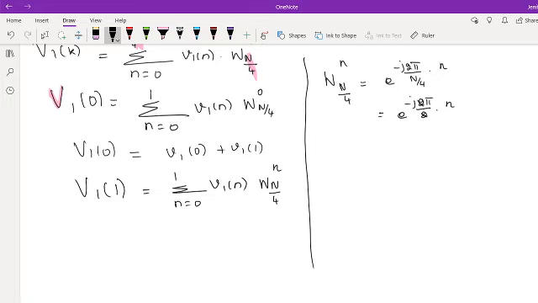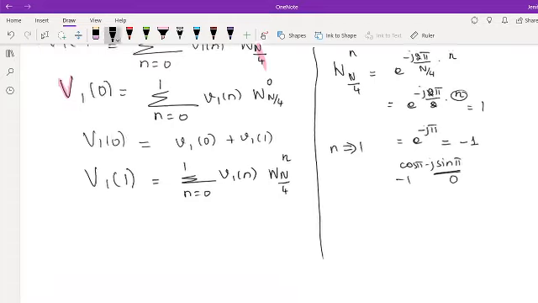So when you are applying the limits, there are two possibilities. One is n is 0, the other is n is 1. If n is 0, anything power 0 is going to be 1. And if n is 1, you will have the term e power minus j pi. In that case, e power minus j pi is minus 1 because it is cos pi minus j sin pi, and sin pi is 0 and cos pi is minus 1. So you will get the value minus 1.